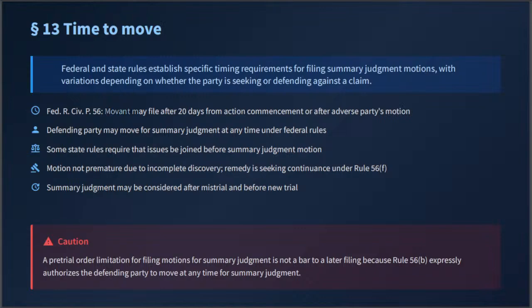The movant, typically here the plaintiff, the one moving for summary judgment, may file after 20 days from the action's commencement. Even the defending party, if they're moving for summary judgment, would have to file 20 days after the commencement or after the adverse party's motion. Then the defending party, the one defending against the motion for summary judgment, may move for summary judgment at any time.